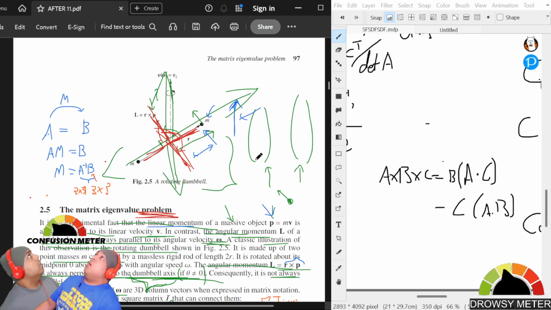So if theta is 0, R is this, and I guess MV.